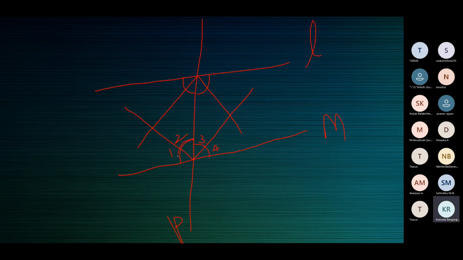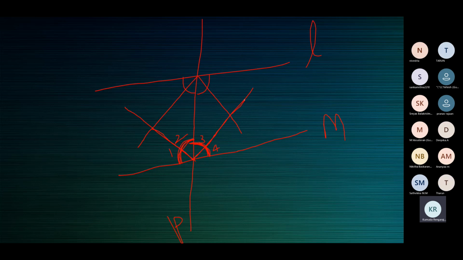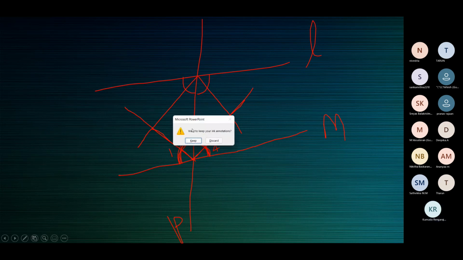Now, this is the complete angle. This is one interior angle. This is one of the four interior angles, and this is the bisector. Yes, ma'am, angle 1 is equal to angle 2 because the angle is bisected. This is also one of the interior angles. And angle 3 is equal to angle 4 because the angle is bisected.